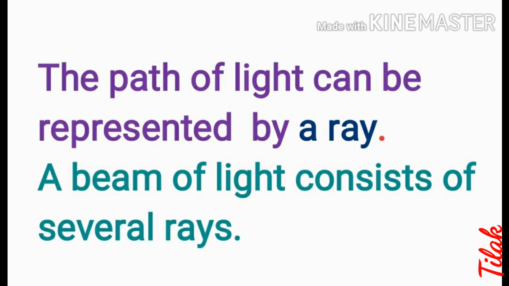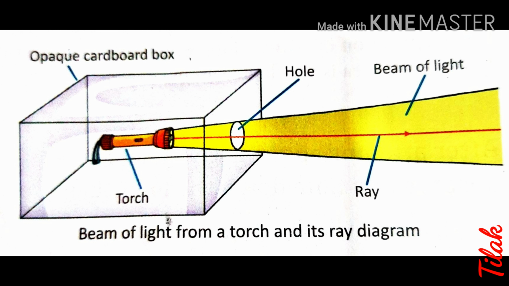The straight line or the pathway of light can be represented by a ray. A beam of light thus consists of several rays. As you can see in the diagram, the torch is fitted inside the box, and when it is lighted, we can see the beam of light rays.